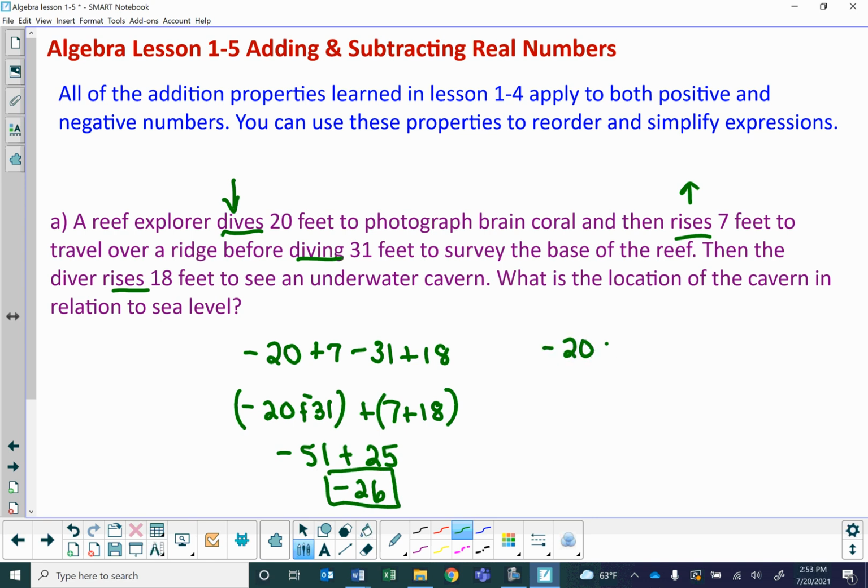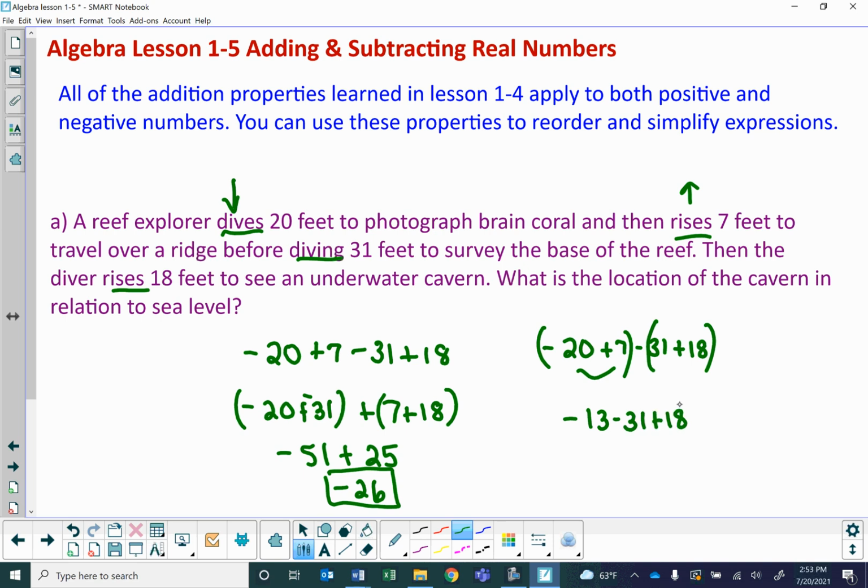Negative 20 plus 7 minus 31 plus 18. I could do these first two, and I could do these two. Okay, so I could do negative 20 plus 7, which is negative 13, minus 31 plus 18.